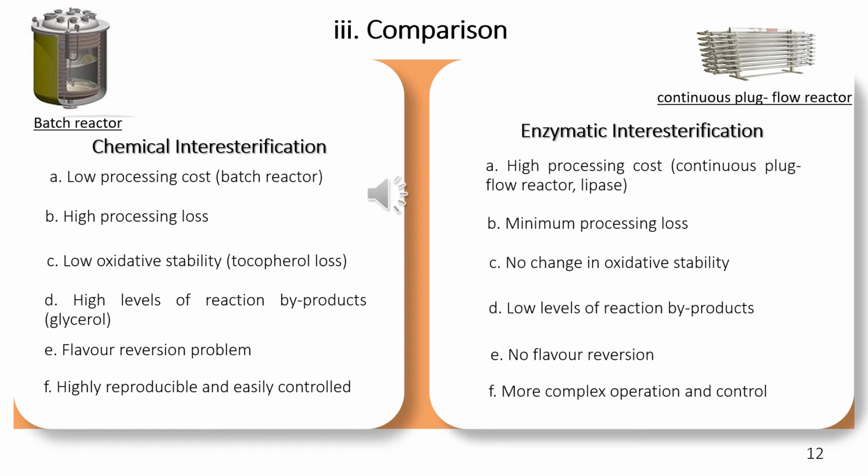It is easy to control chemical interesterification, while the enzymatic interesterification processes are more complex and they are difficult to control. They consist of more complex operations, and they are difficult to handle and control.